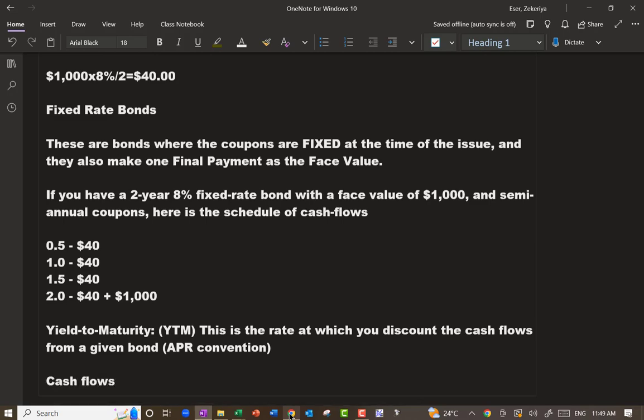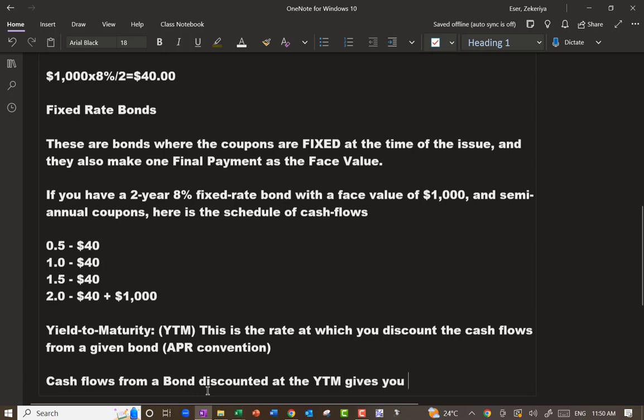Cash flows from a bond discounted at the YTM gives you the bond value.